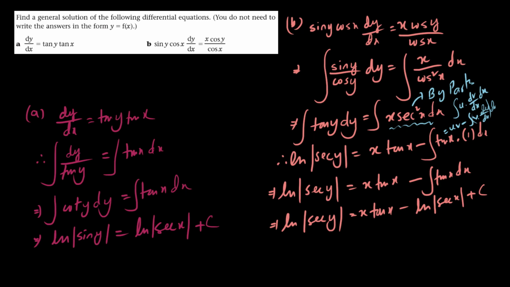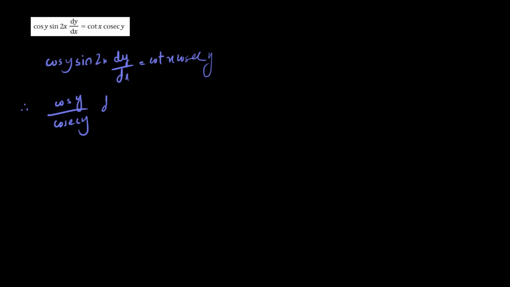So here, by the separable method we can write cos y sin 2x dy/dx equals cot x cosec y. Bringing all the x on one side and y on the other side, this will be cos y divided by cosec y dy, and this will be cot x divided by sin 2x dx.